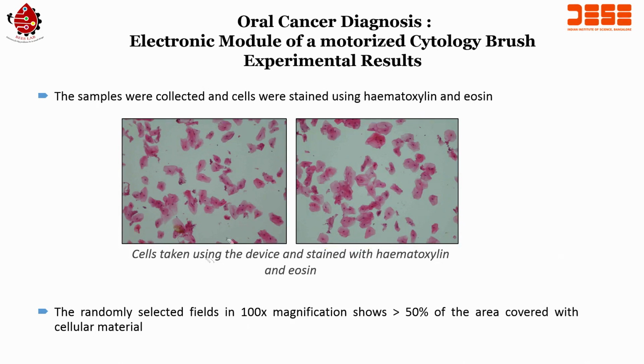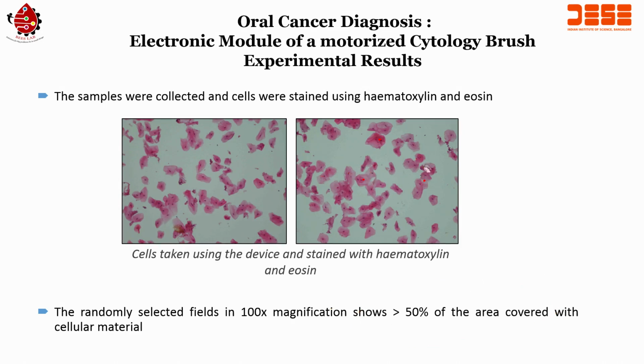So, these are all cells, and that is a good sign that using the brush we are able to extract the cells. You can see that each cell has a nucleus here, which means that they are cells only. That means that whatever we are taking out, more than 50% of the area is covered by cells.